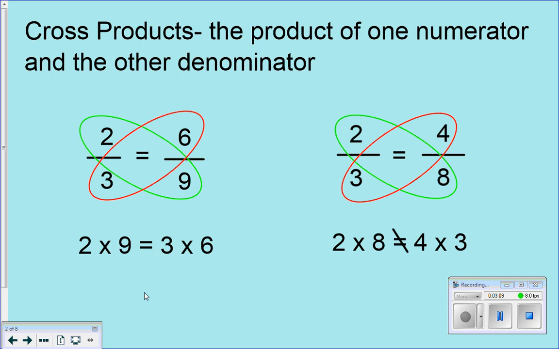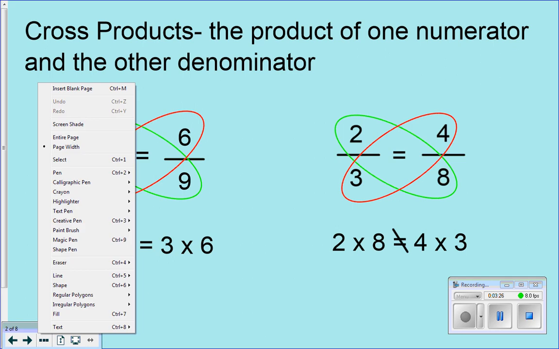Remember what this means? That means not equal. All right. Can I go to the next one? Can I add a page quick? You guys good with that?